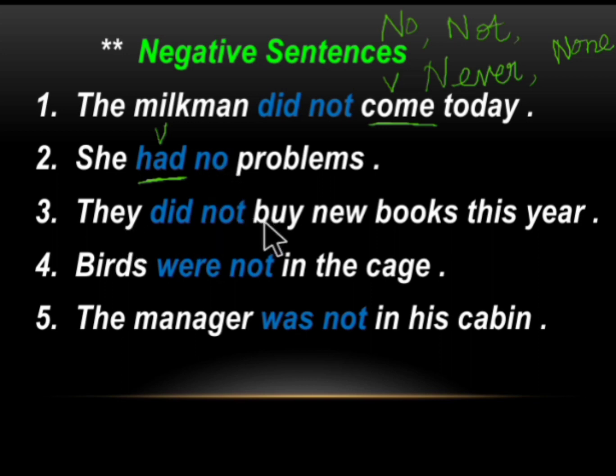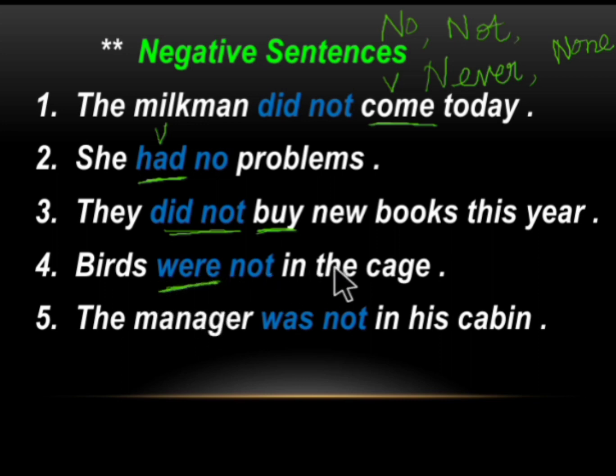They did not buy new books this year. Here buy is the main verb. To show the negative sense, we use did not. Birds were not in the cage. Here this is the state of being. Birds is plural form and hence the plural verb were is used.